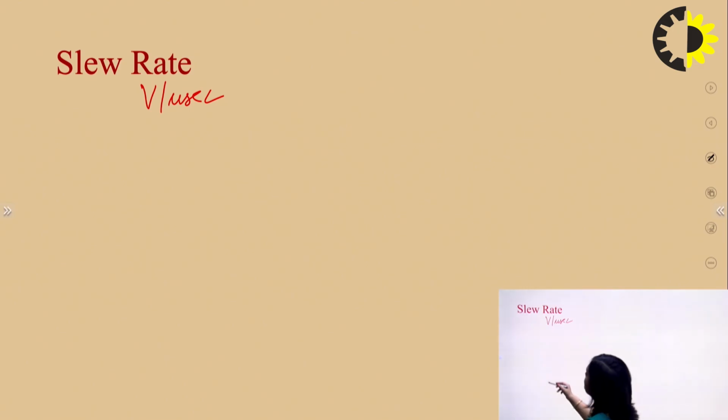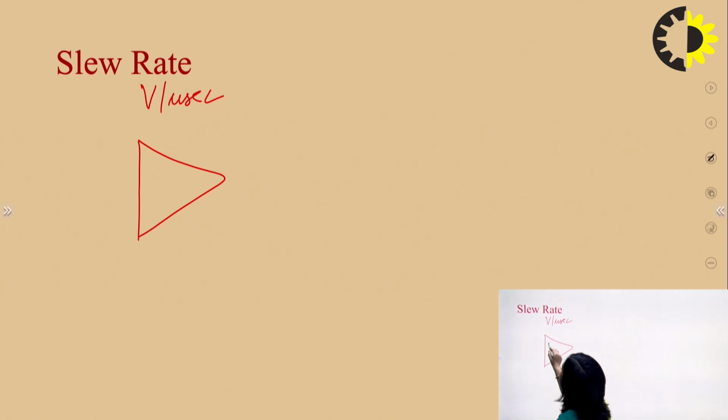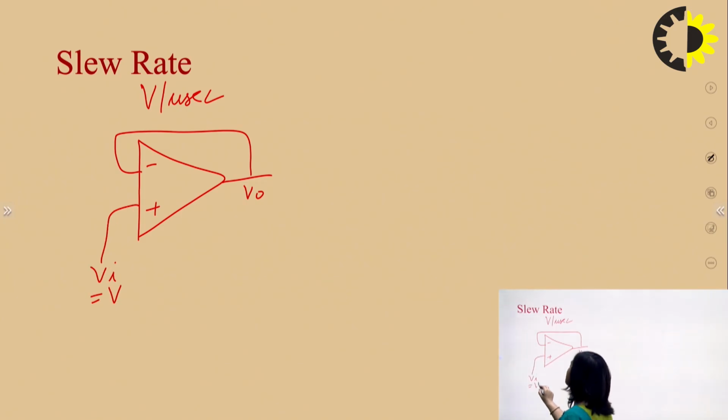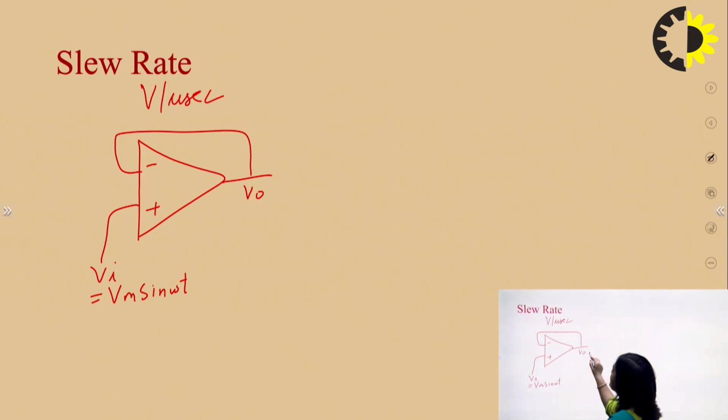Like we have this unity gain follower, and this Vi is equal to Vm sin omega t. So this V0 would also be Vm sin omega t. How can we find the slew rate?